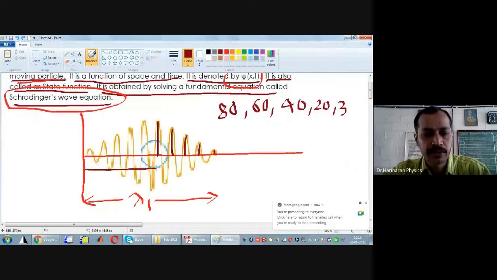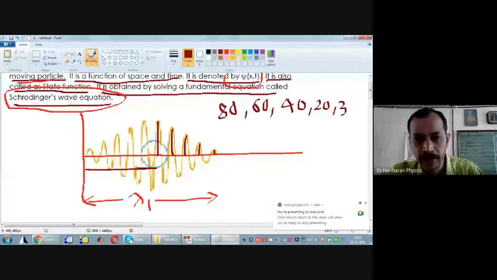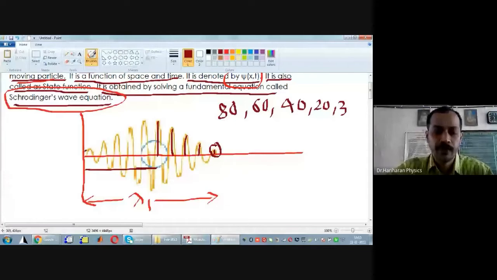This distance is half the de Broglie wavelength. Therefore, there is a greater chance of finding the particle near the middle of the wave packet. What is the chance of finding the particle here? It is almost zero. And here? It is almost zero. Why is it zero here and here? Because the amplitude is roughly zero.